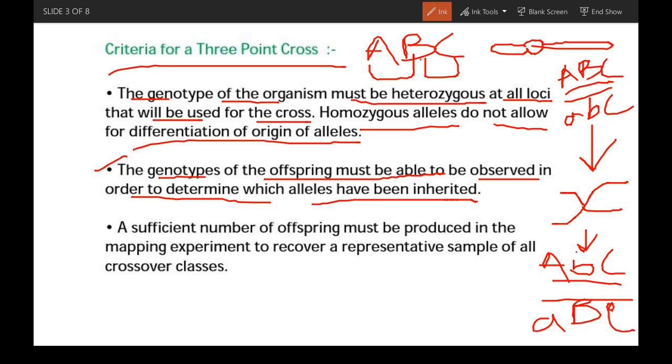In this condition, the middle gene has been swapped, as happens in a double crossover. So in this condition, we have to have a different phenotypic difference as well.